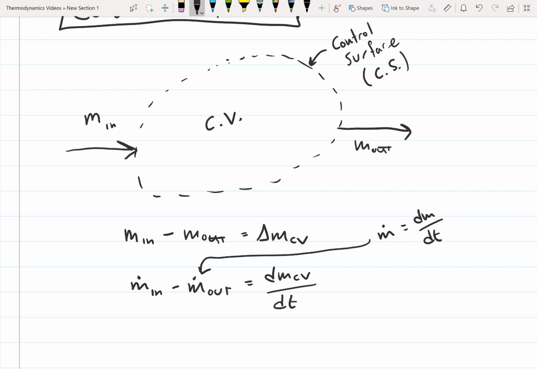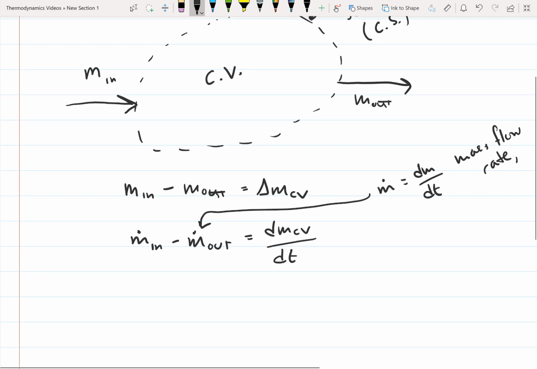This is the mass flow rate, and it's the amount of mass flowing through the cross-sectional area with time. So that's all we're saying with that. We're saying that the amount of mass flowing in with time minus the amount of mass flowing out with time is equal to the change of mass in the control volume with time.